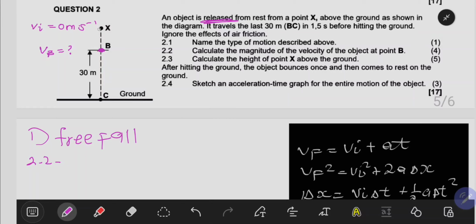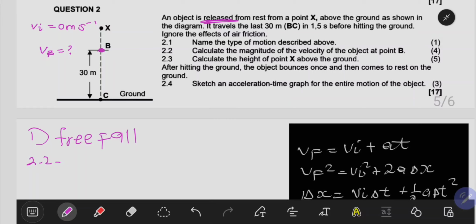We don't know how long it took the ball from X to B, and we also don't know the displacement on this path, right?